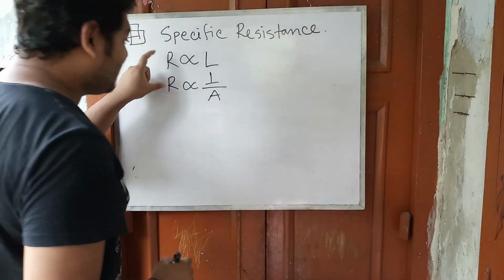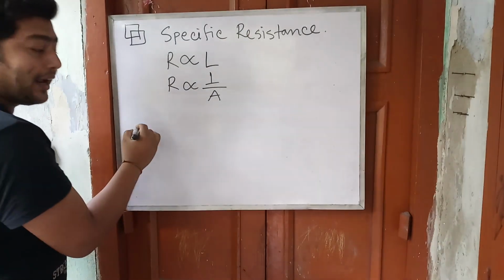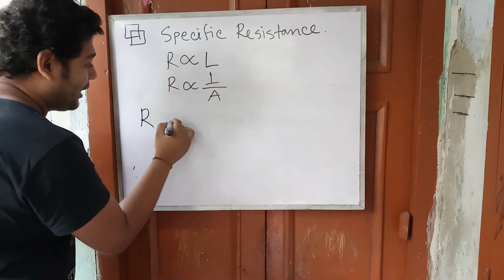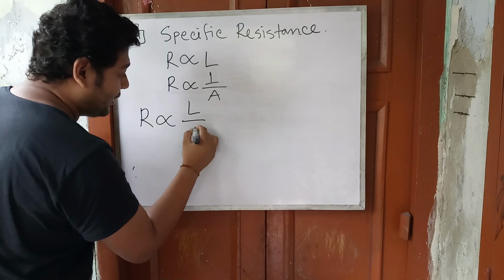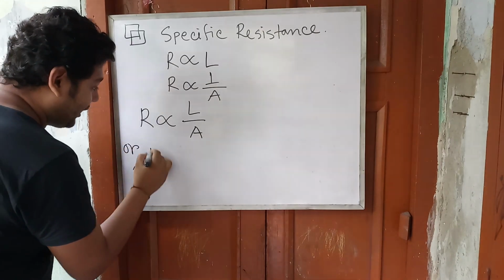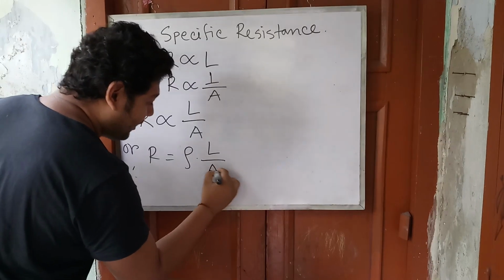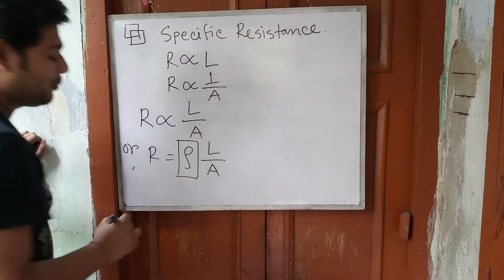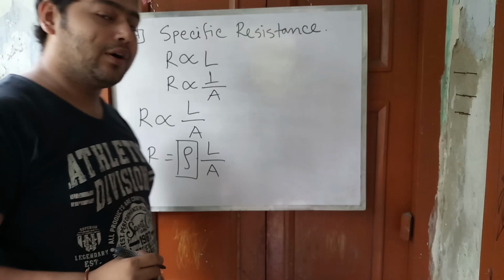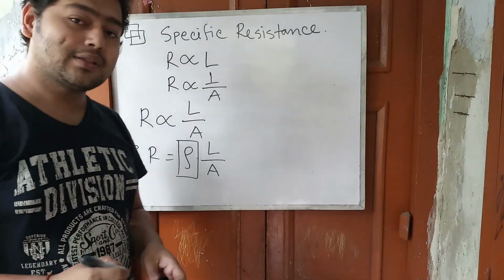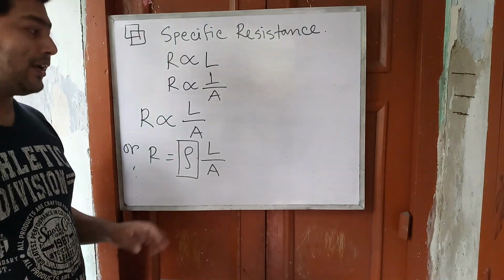If we combine these two laws, then we can write R is proportional to L by A, or R equal to rho into L by A. Here rho is also a proportionality constant, and the name of this constant is the specific resistance.